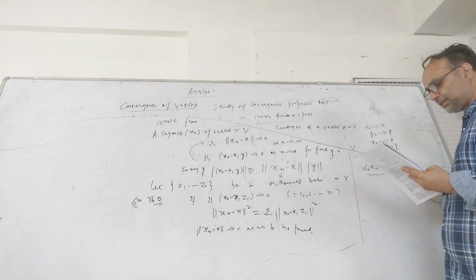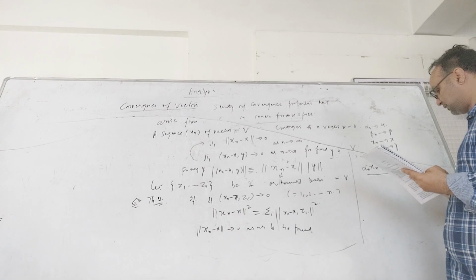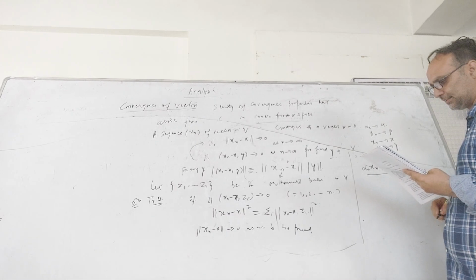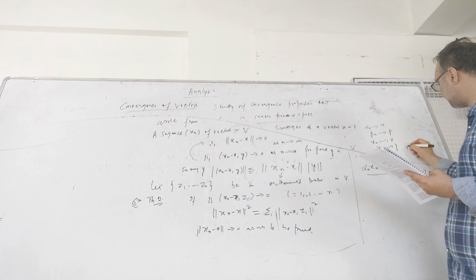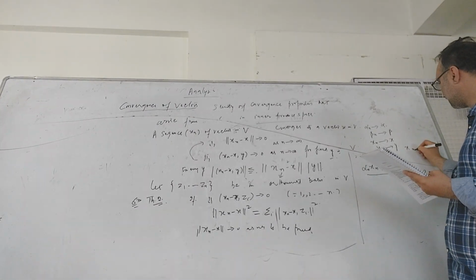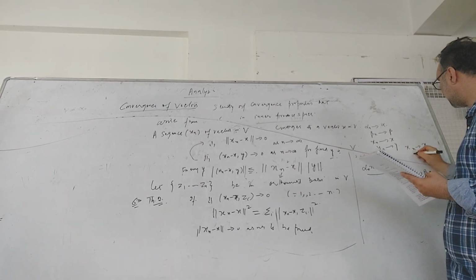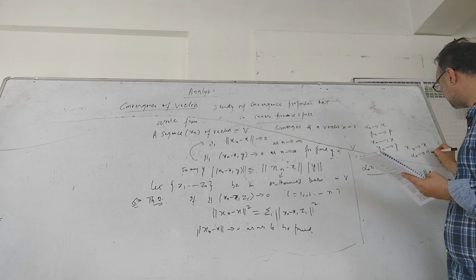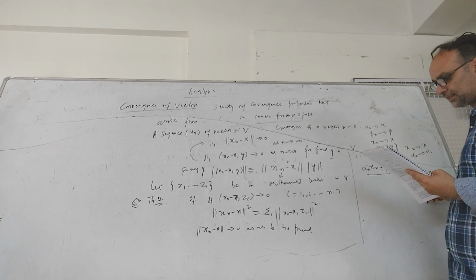Typically, if x is 1, you can write it like this. In the sense that if xn goes to x and alpha n goes to alpha, this can be written as this.